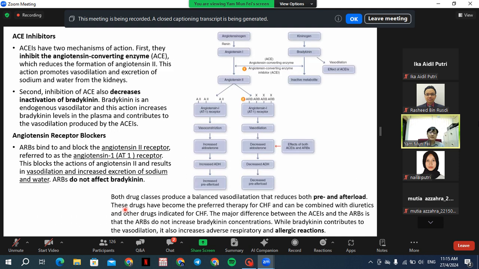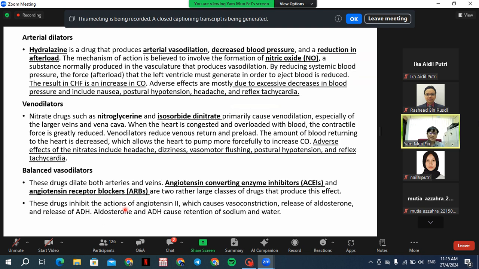Even though just now we mentioned that ACE inhibitors are balanced, we go back to the second point here. This drug inhibits the actions of angiotensin 2.